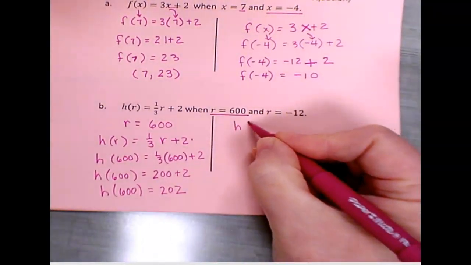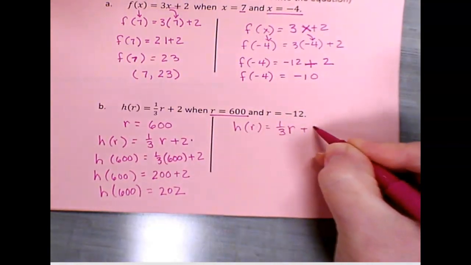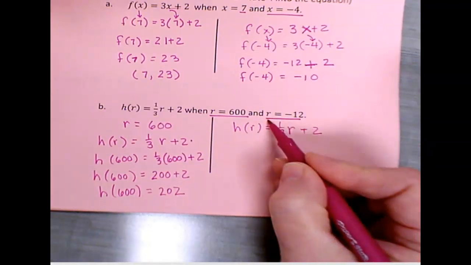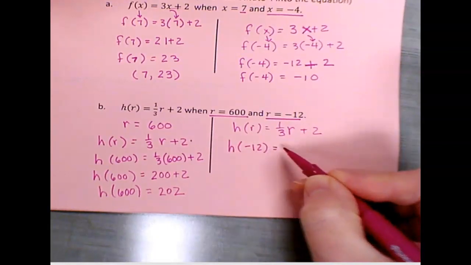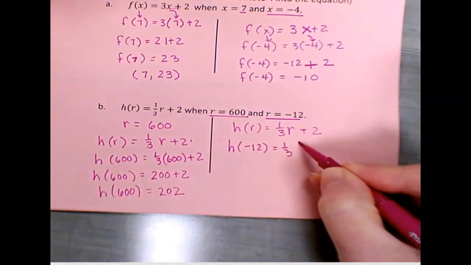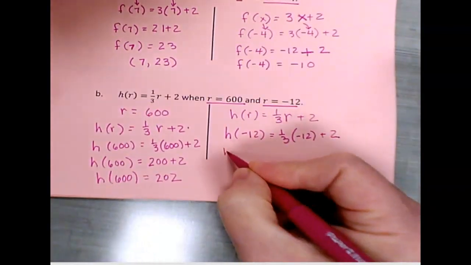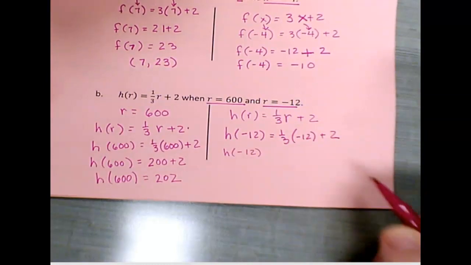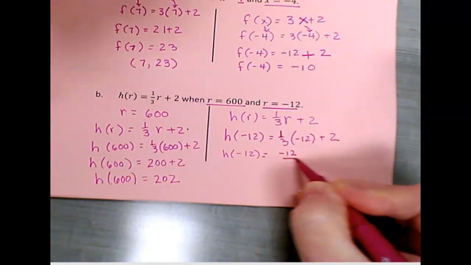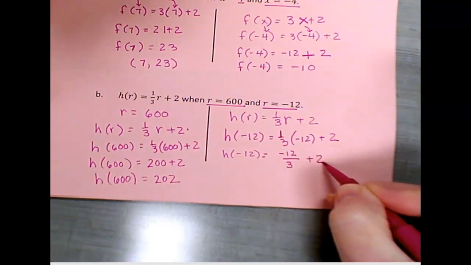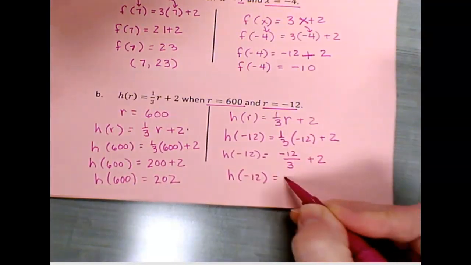Using my same function, 1/3 r plus 2, in place of r, now I'm going to substitute in a -12. This is going to be the way you multiply fractions, as you multiply the numerator times the whole number. 3 will go into 12 4 times.